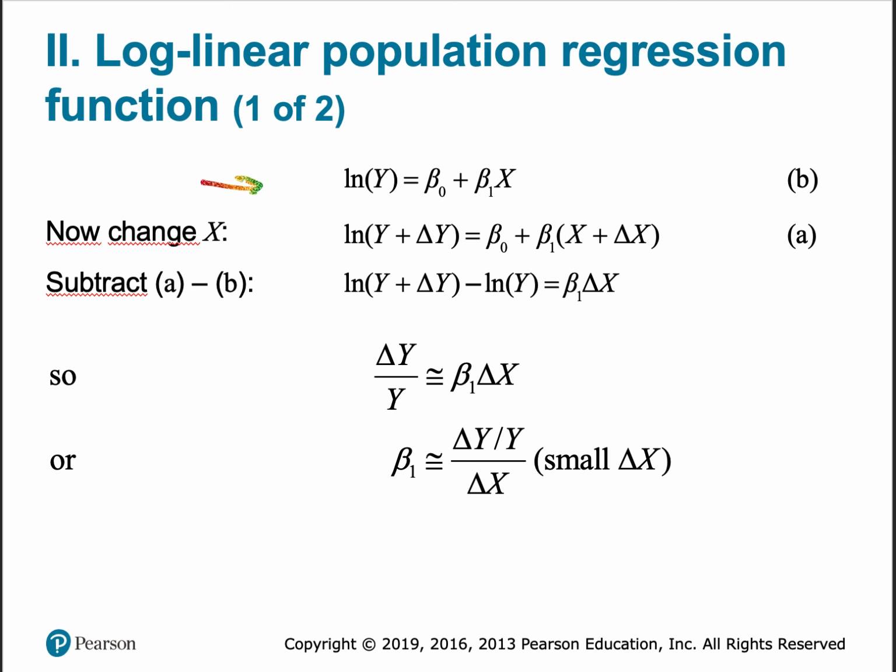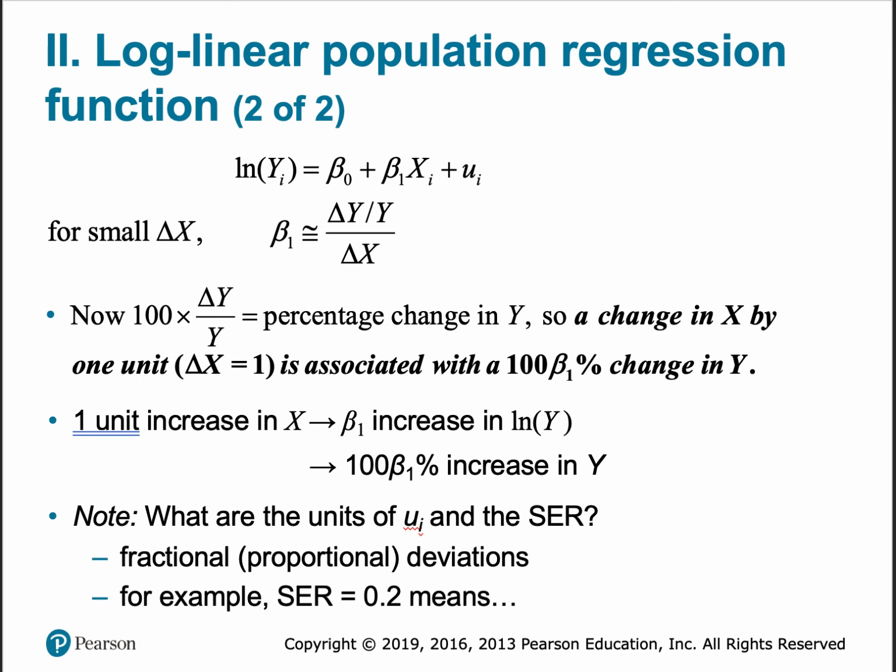How can we use this? If you multiply 100 times change in y over y, that gives you the percentage change in y. As such, the change in x by 1 unit, so delta x equal to 1, is associated with 100 times beta 1 percentage change in y.